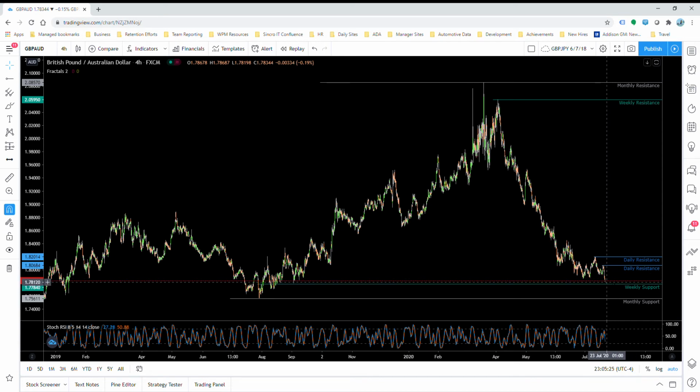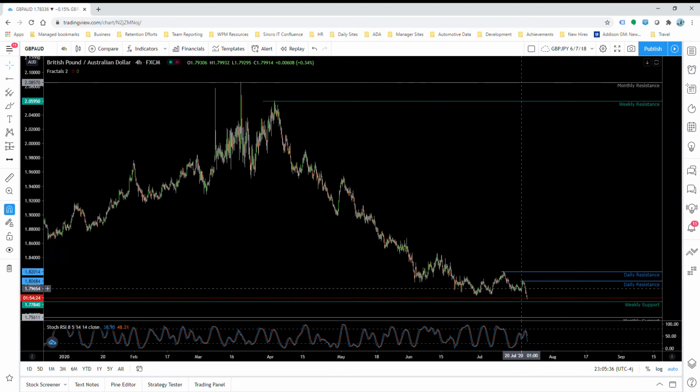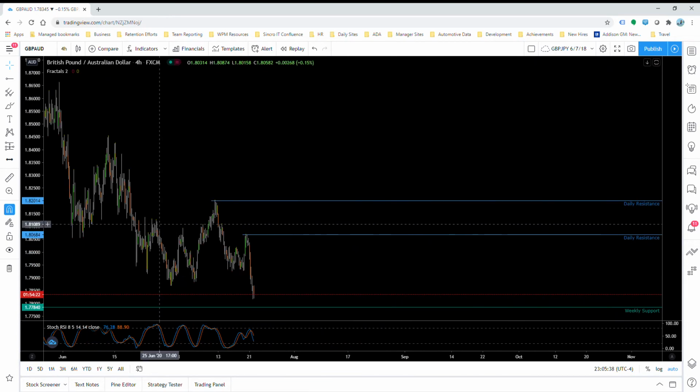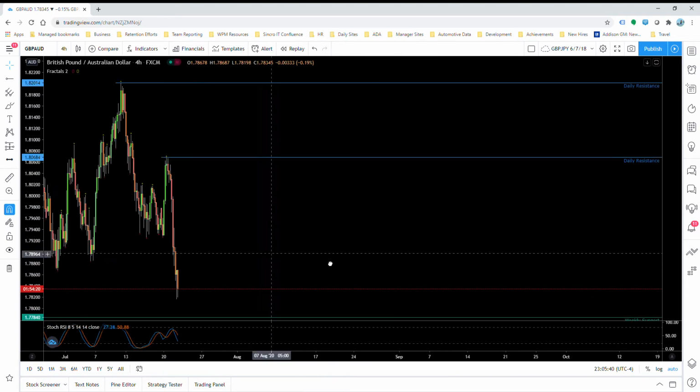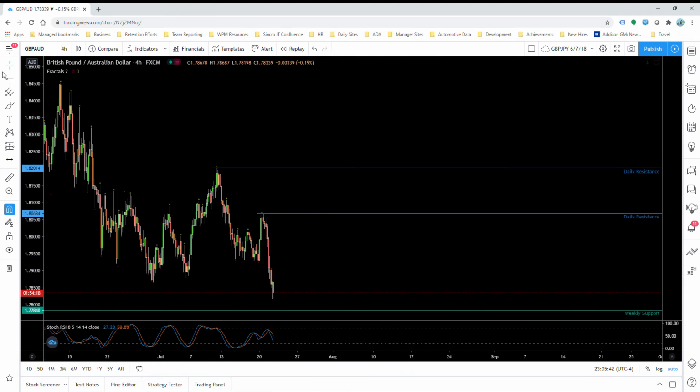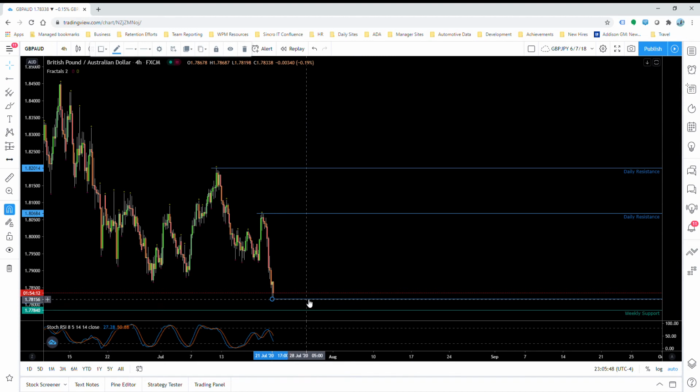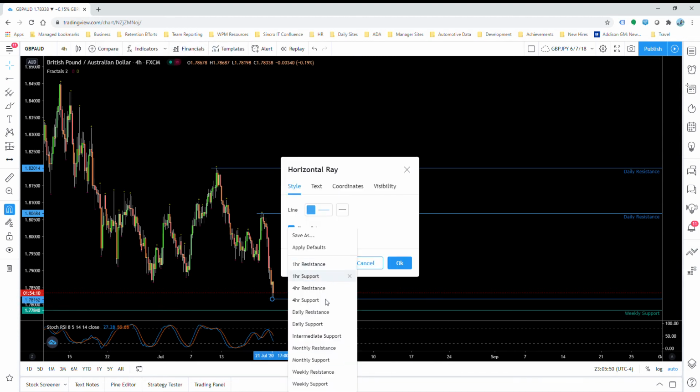Or if it breaks this area, which is a tight zone, right? It'll come down to this weekly support before making the decision. So we'll mark this as an intermediate support, because this is going to be the next level that gets broken if it does.